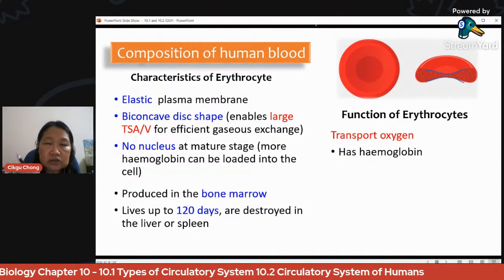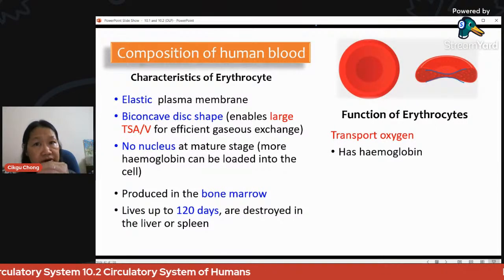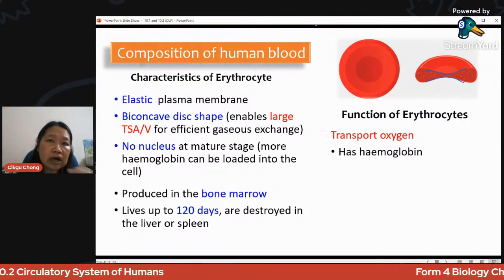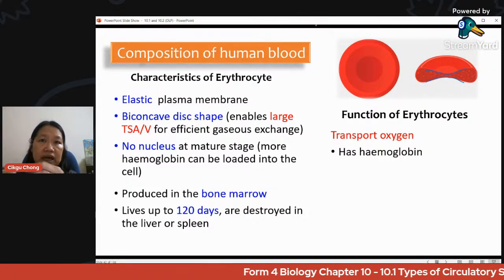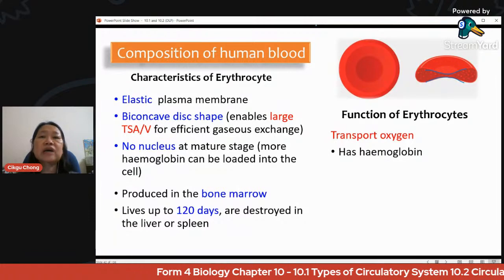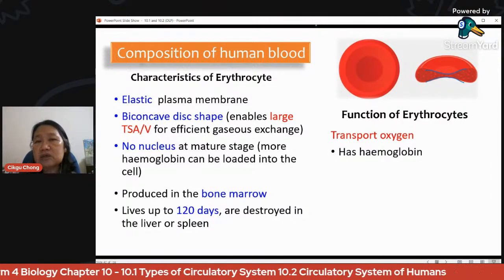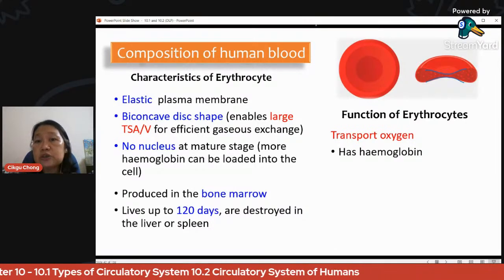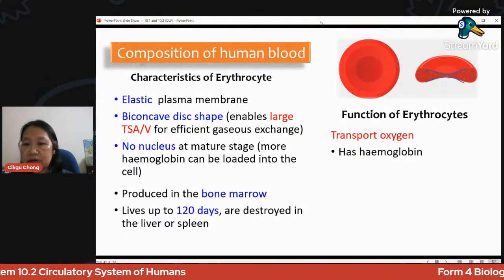So they bring oxygen to the cardiac muscle so it can contract. At the same time, the coronary vein will take away carbon dioxide from the cardiac muscles, and it's brought back to the heart. So they deliver oxygen to the cardiac muscles so that the heart can continue pumping. It's part of the systemic circulation actually.